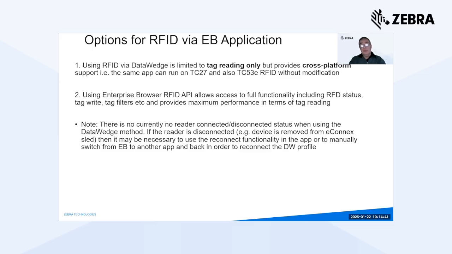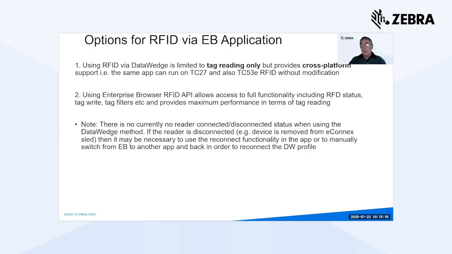The main point I want to make about using DataWedge to manage the RFID connection is that currently, if you have a disconnect between DataWedge and the RFID reader, say, for example, you have an RFID 40 with a device connected through the eConnect connection, which is a pogo pin connected to the device, and somebody removes the device from the eConnect sled, then the RFID connection is not available anymore, and you won't get a notification of that using DataWedge.